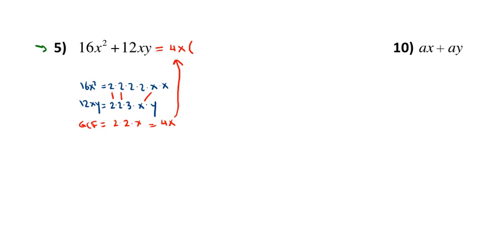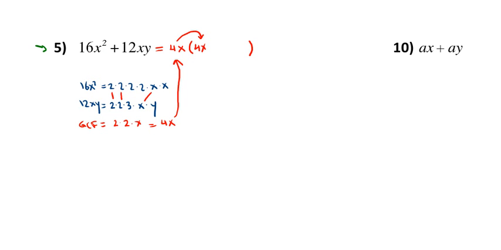And now, what do I have left inside the parentheses? Or what do I need here in order to get 16x squared when I multiply these two? To get 16, I need another 4 over here. And to get x squared, I need another x over here. So it's going to be 4x, because that's the only way that I can get 16x squared. 4 times 4, 16, x times x, x squared.